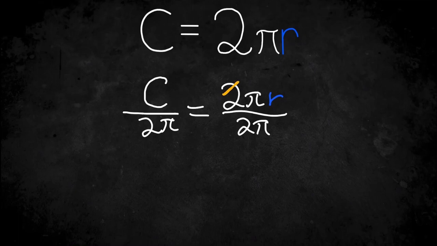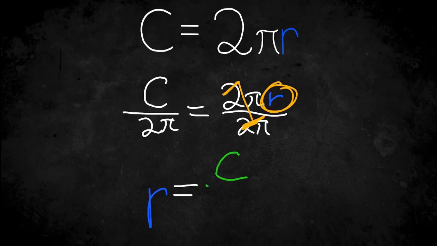This equals 1, and all that we are left with is r. So we have that the radius equals the circumference over 2 pi.